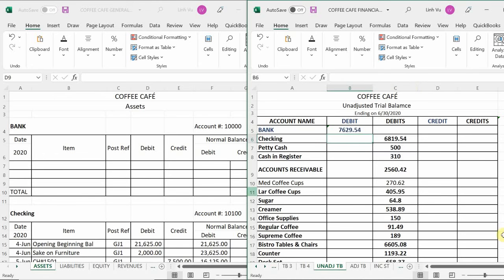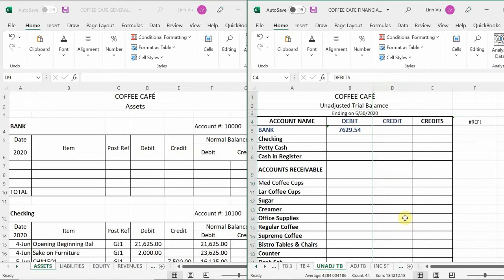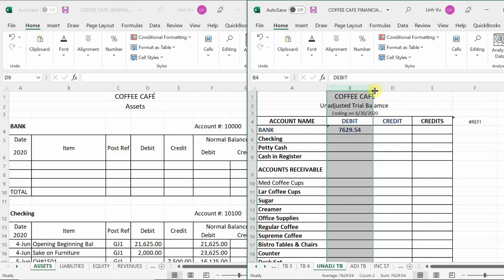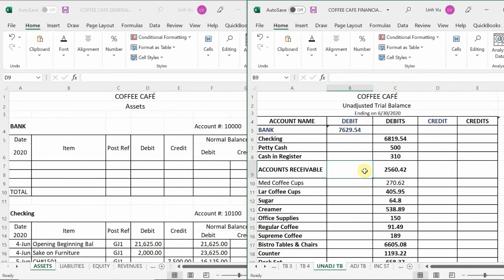I can right click this and hide this column, so then I only view what I want to see. And of course, to unhide, you're going to have to click in between to unhide. Straightforward. That's the cool thing about Excel.